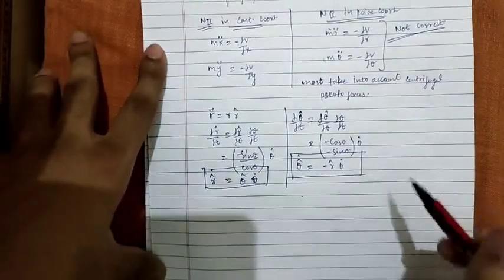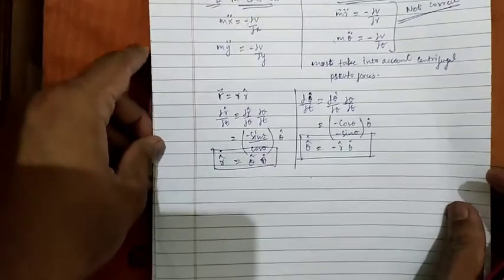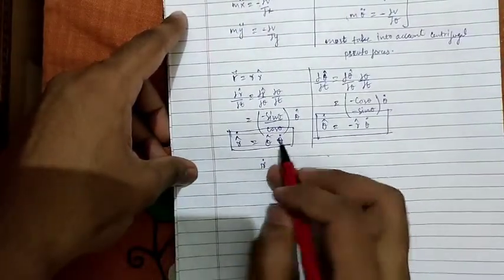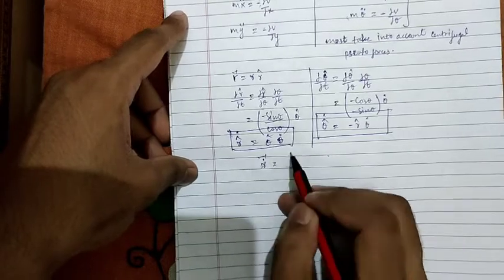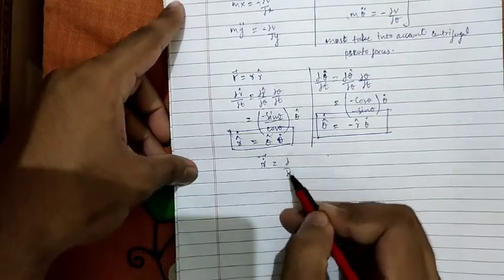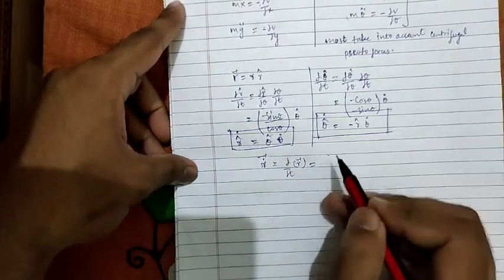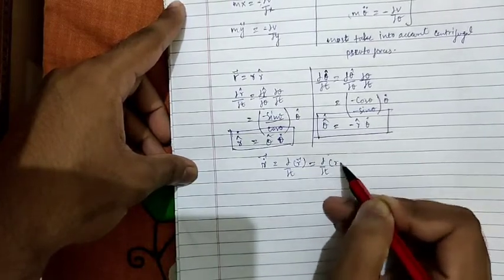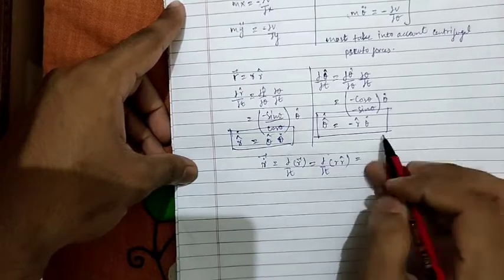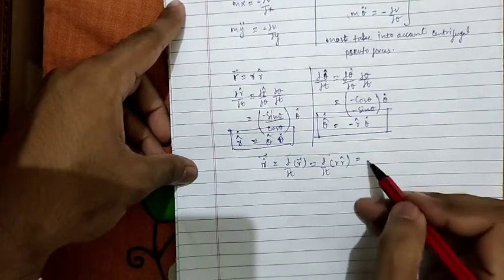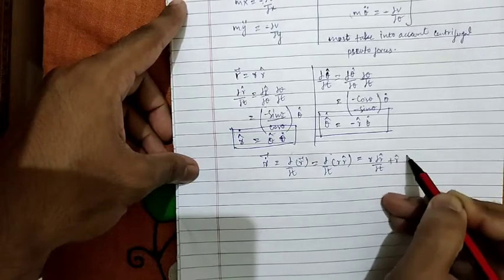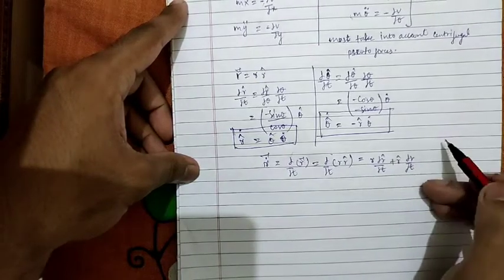Okay, now we are in a good position to know the r dot vector, which is d by dt of r. We know the value of r vector is r r cap. On differentiating this, we get r dr cap by dt plus r cap dr by dt.